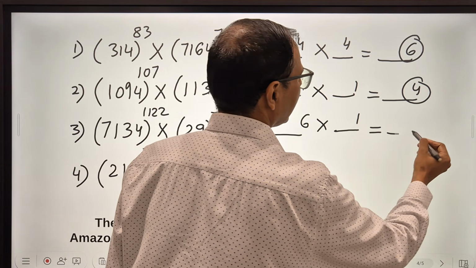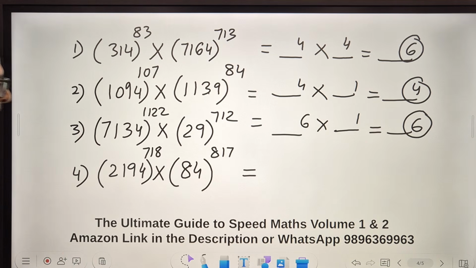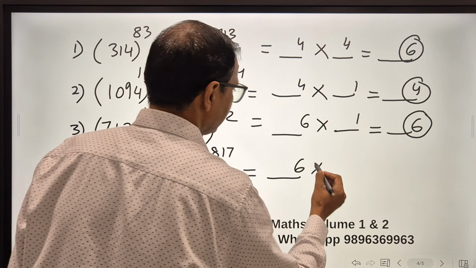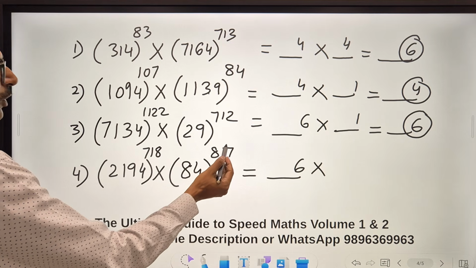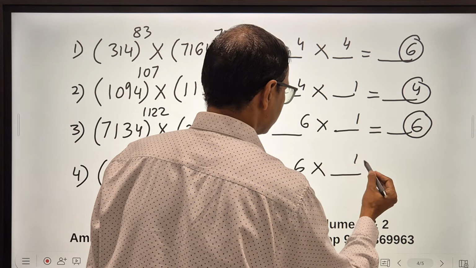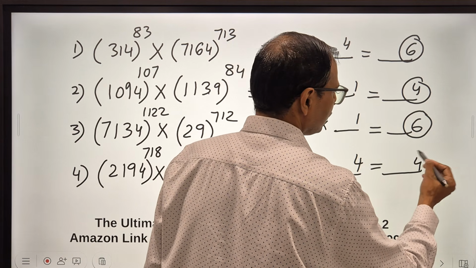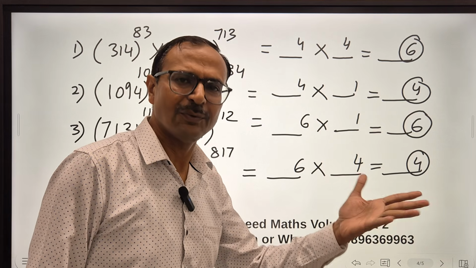So 6 into 1, answer ends in 6. Likewise, 4 with an even power becomes 6, and 4 with an odd power remains 4. So 6 into 4, 24, which ends in 4. So the unit digit is 4.